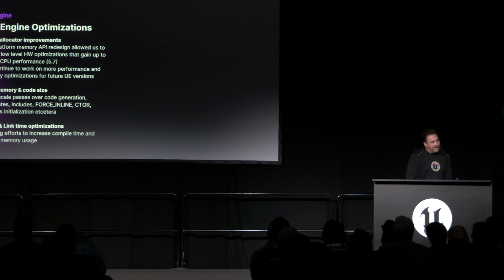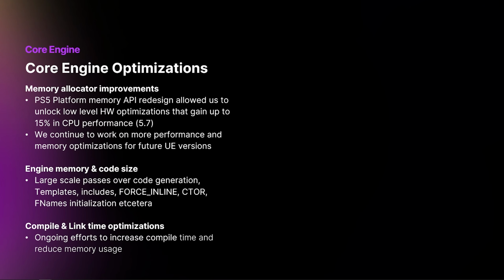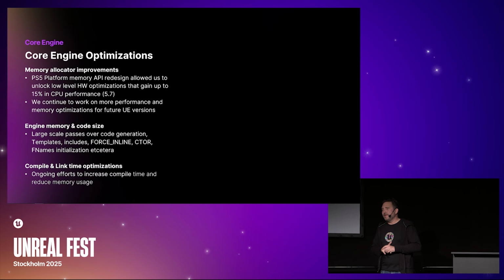Going into core stuff, some interesting low level things are happening down at the foundations of Unreal. One thing we're releasing with 5.7 is a memory allocator improvement for PlayStation 5 specifically, where we have seen up to 15% speed improvement in CPU threads using our new memory allocator.